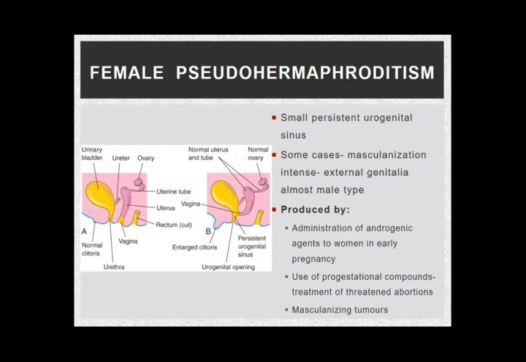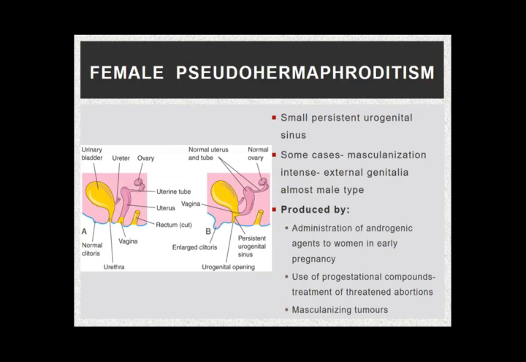What is the reason in this female pseudohermaphroditism? One, the level of androgens we said, high levels of androgens, either given to the mother during pregnancy for some reason, for some mode of treatment, or the mother has used progestational compounds because of threatened abortion. In order to treat threatened abortion, the mother was given progestational compounds.